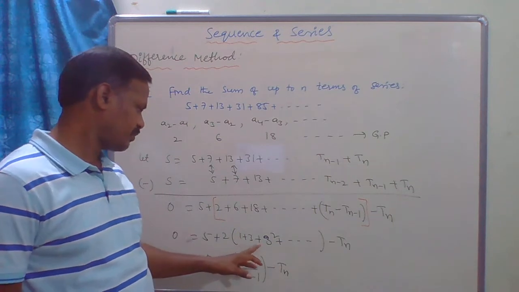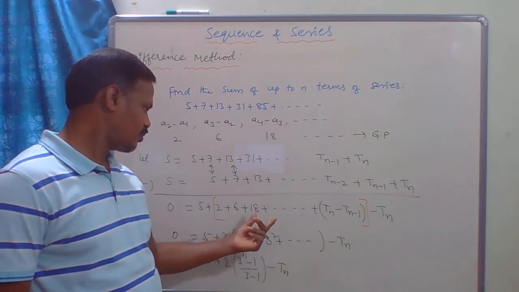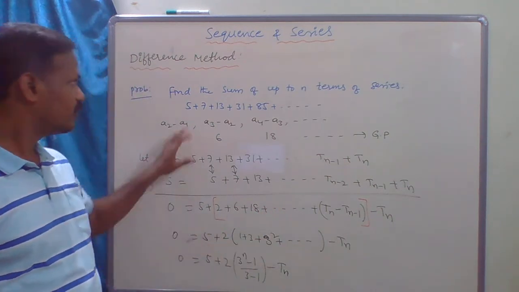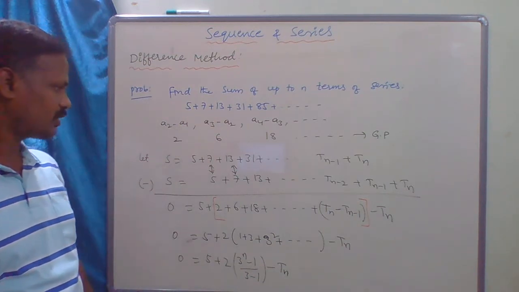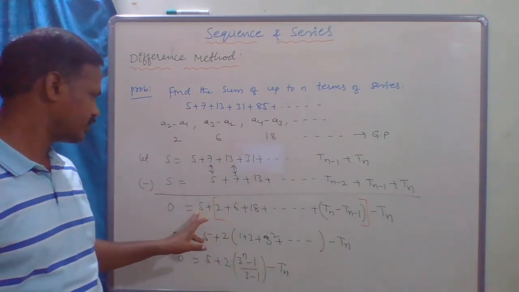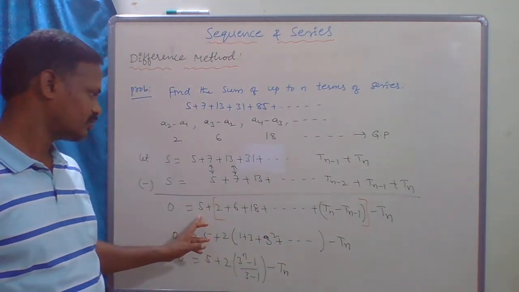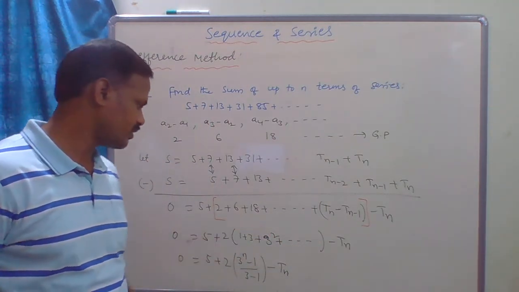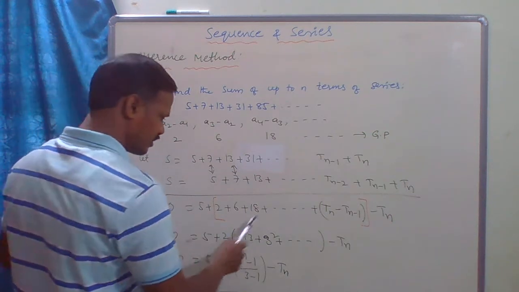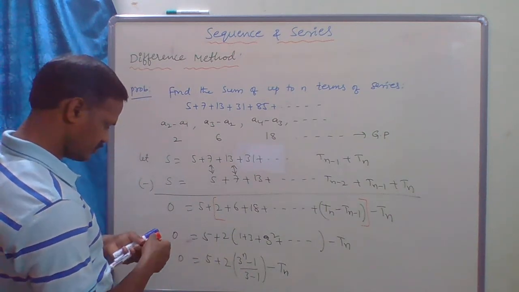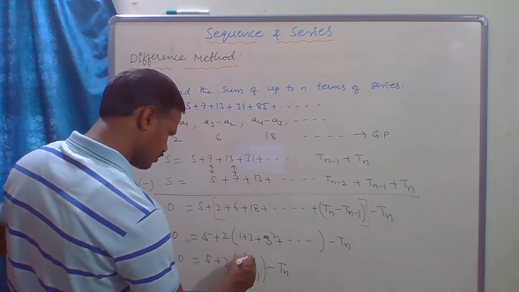Now 1 plus 3 square, how many terms are there? Actually see, total terms n terms. In those n terms, 2 terms are eliminated, then n minus 1 terms. So these are n minus 1 terms, so this is n minus 1.